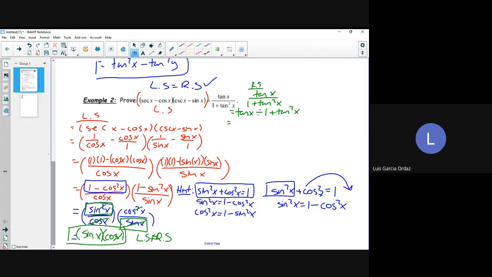So what is the first identity we're going to use on the right side? What's the easiest one right off the bat? So yes, Jose, we're going to use sine x over cos x. And is there any identity for 1 plus tan squared x?